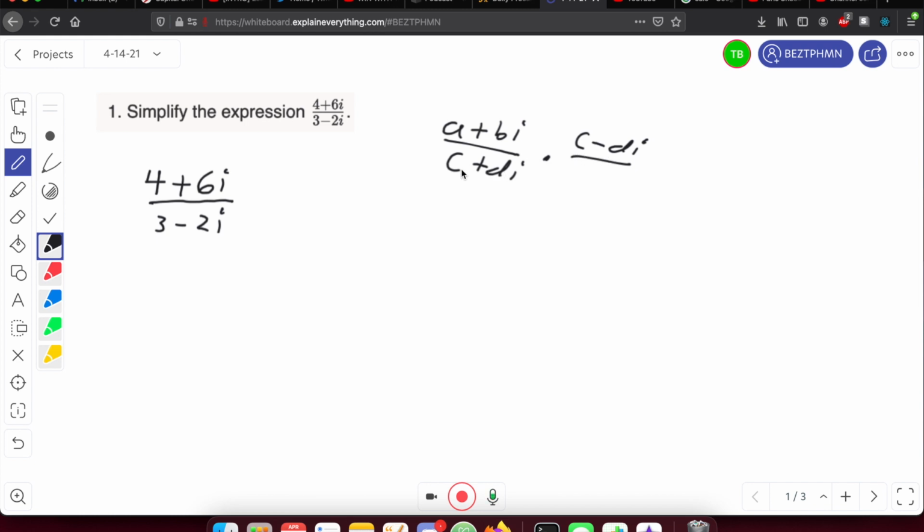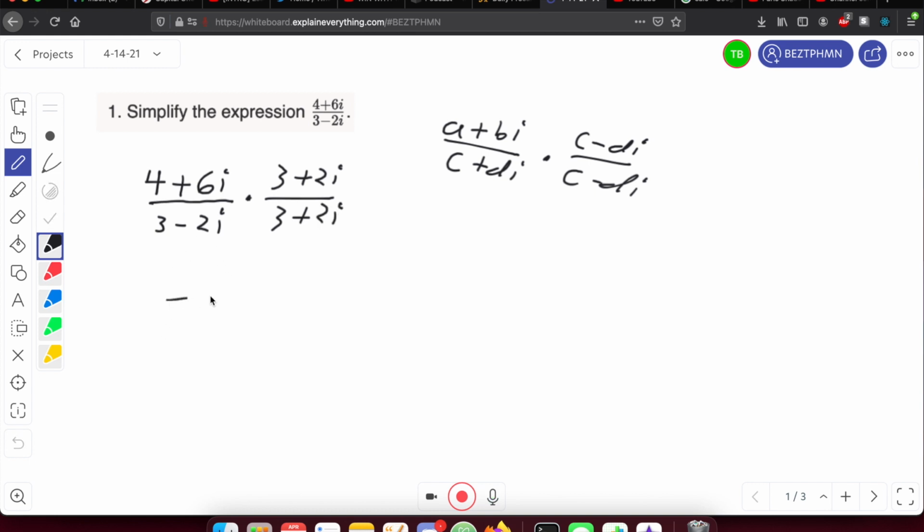So instead of being c + di, it will be c - di. And if this were c - di, then this would be c + di. Doing this will get rid of the imaginary number in the denominator. So for our problem, we take 3 and we add 2i, and then we multiply the top and the bottom by this expression.